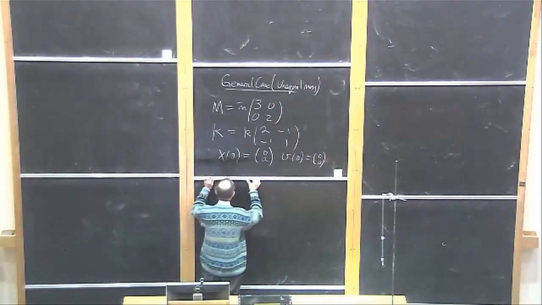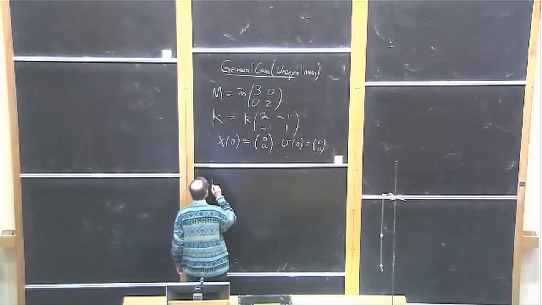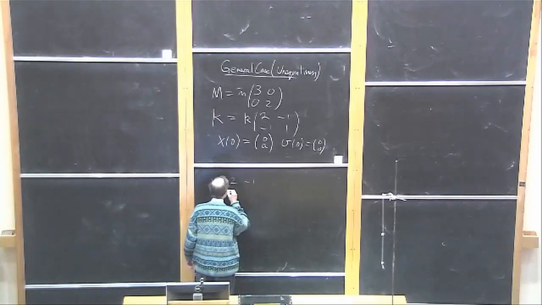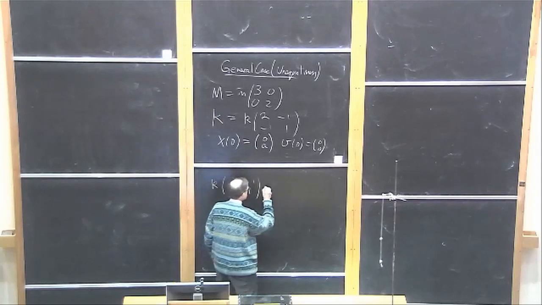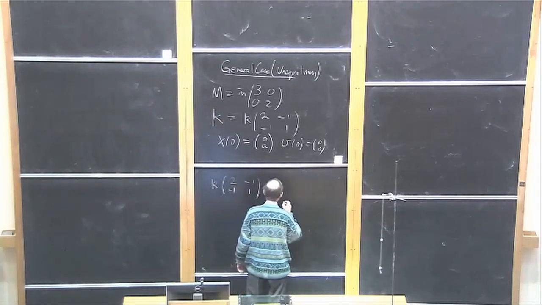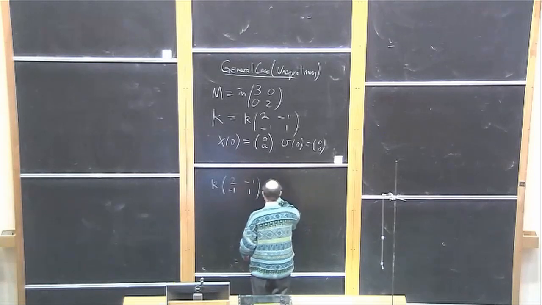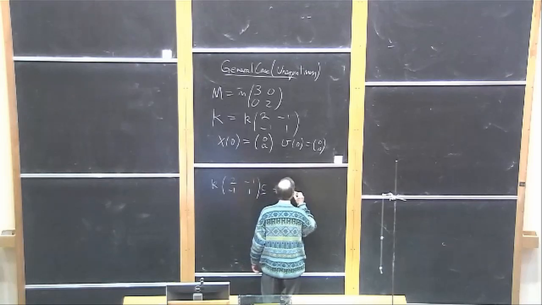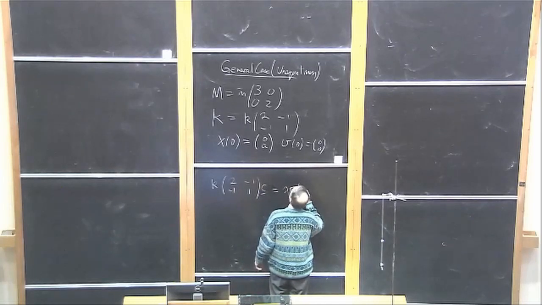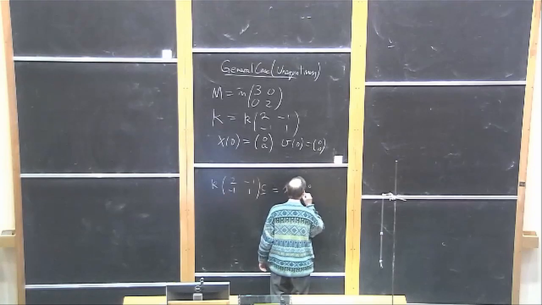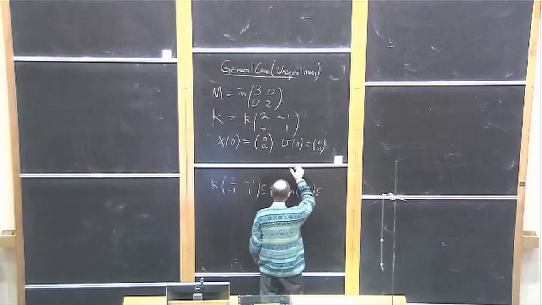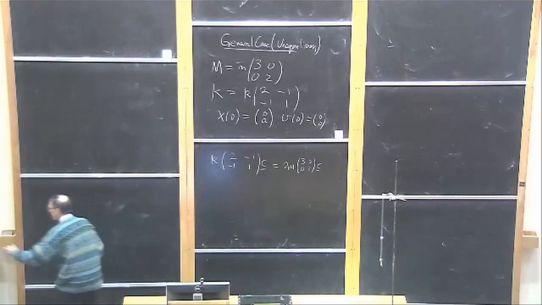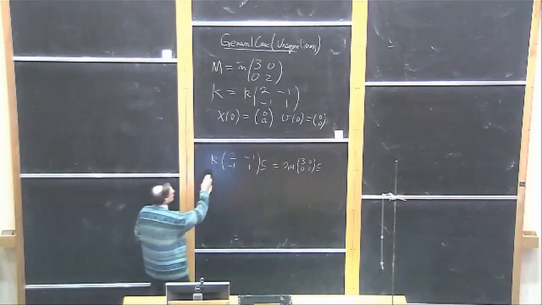The eigenvalue equation is k times the matrix 2, minus 1, minus 1, 1, times C, is lambda m times the mass matrix 3, 0, 0, 2, times C. And I'm going to divide through by k so that all the constants are in the same place.